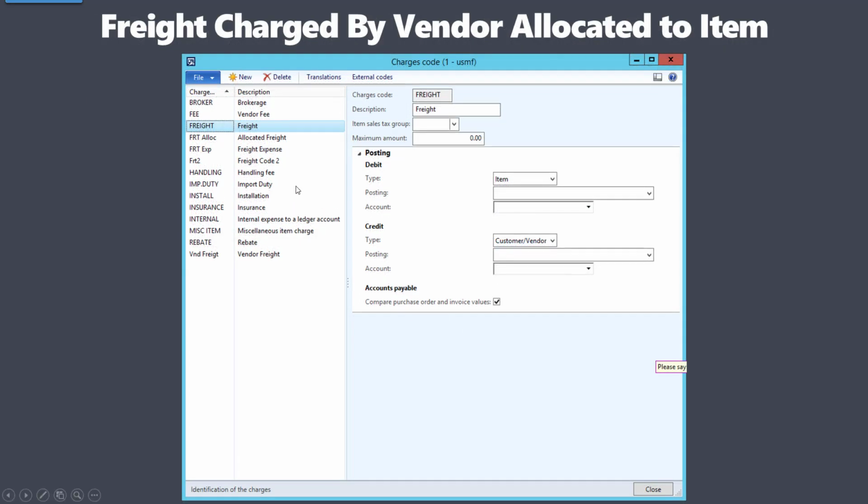So here is an example of a customer or vendor charge, and let's just leave it at vendor, but it goes either way. It really allows us to say the vendor charged me freight and I want to allocate it to the item.